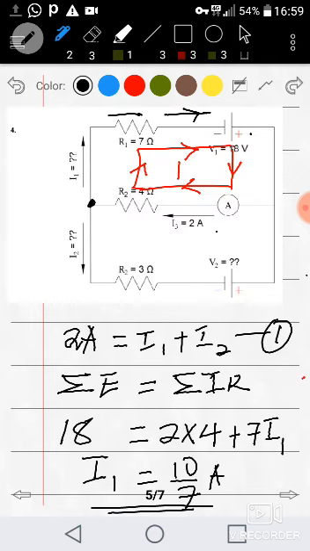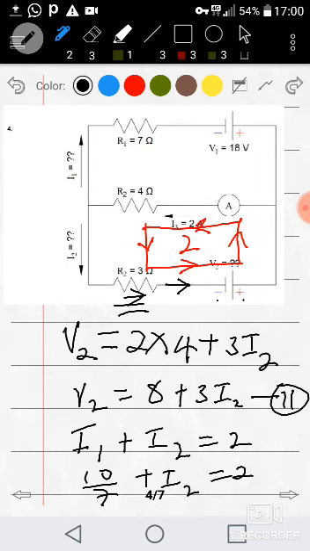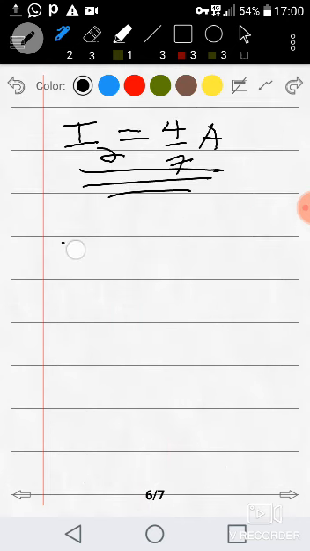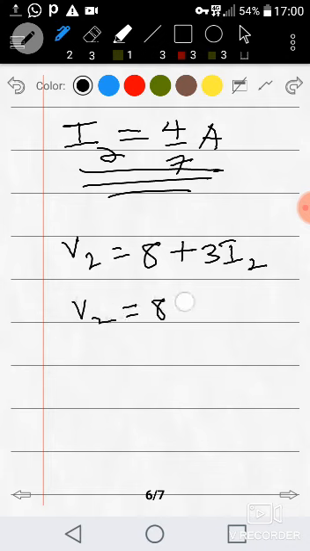Then now what is V2? So from the equation for V2, which we have as V2 is equal to 8 plus 3I2, equation 2, V2 should be equal to 8, then we should substitute I2 as 4 out of 7.